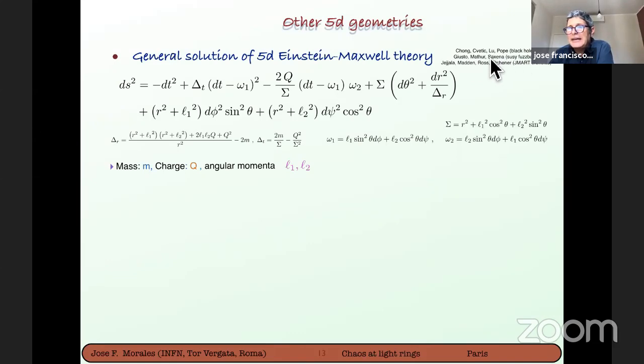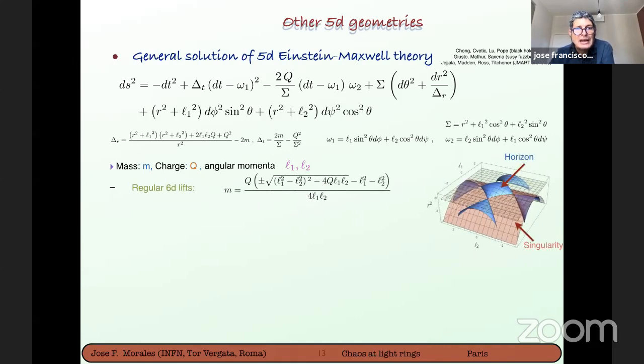These include the supersymmetric fuzzballs, and also some JMaRT solutions and so on. I mean, this is a very rich solution that includes any dimensional reduction to 5 dimensions of any fuzzball solution that reduces to Einstein-Maxwell theory. And it is characterized by a mass, charge, and 2 angular momenta.